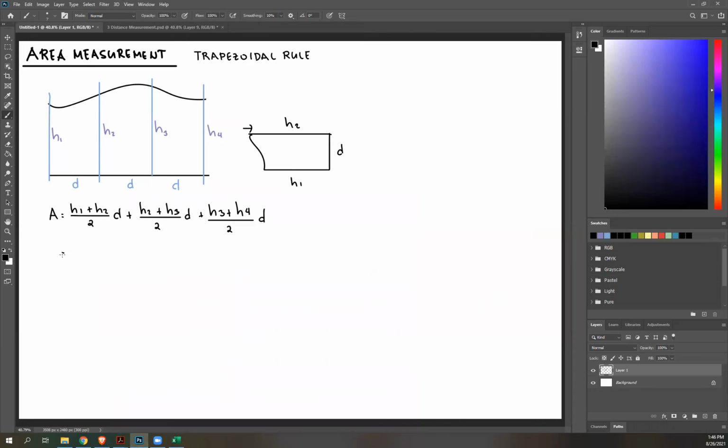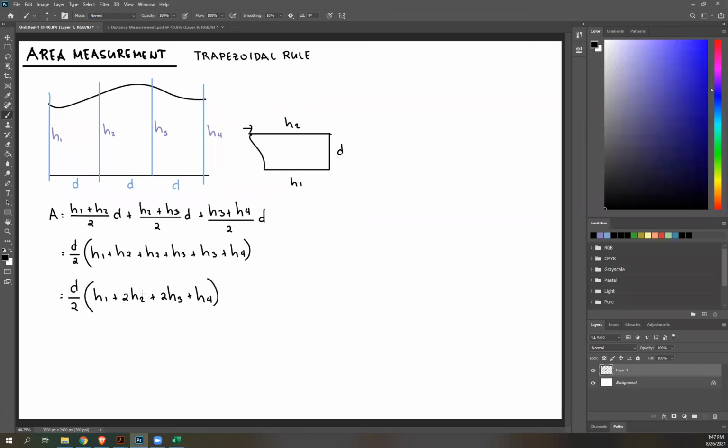So let's factor that out, since it's a common factor, and then copy what's left. That's H1 plus H2 plus H2 plus H3, then plus H3 plus H4. Let's combine like terms, your H2 and your H3. So D over 2 times H1 plus twice H2, plus twice H3, plus H4.